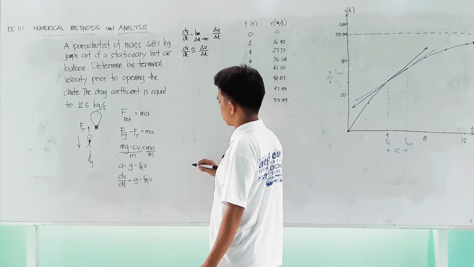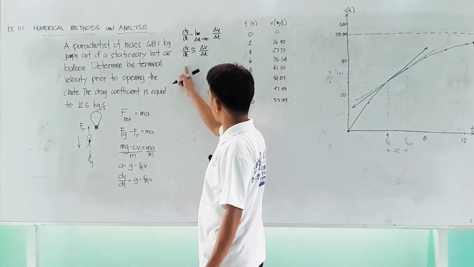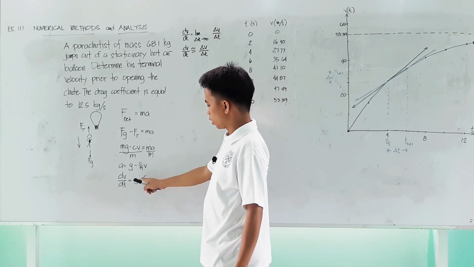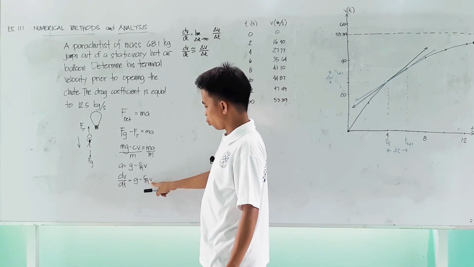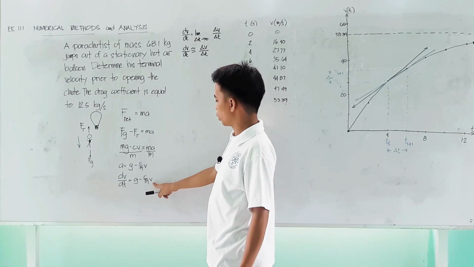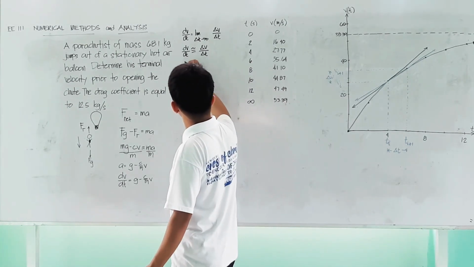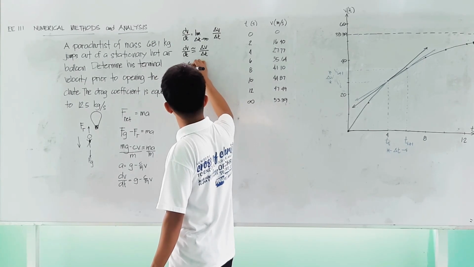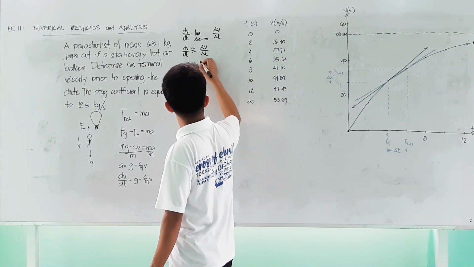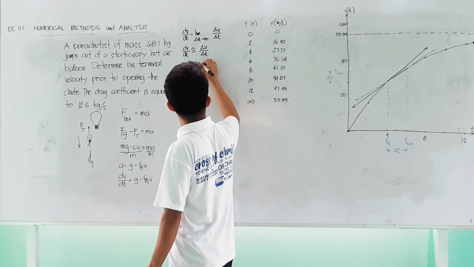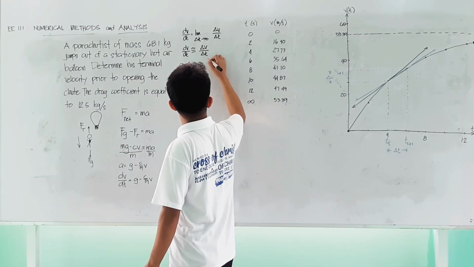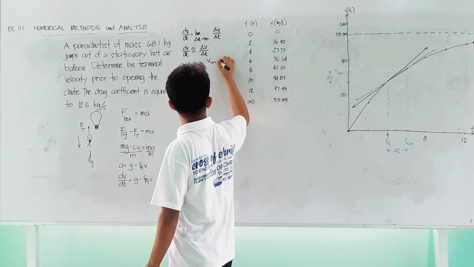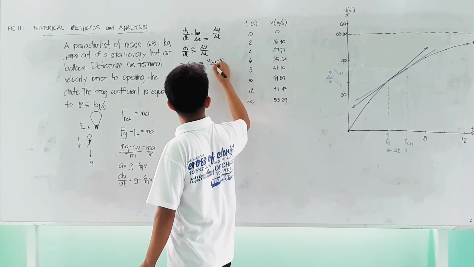And since our dv/dt is equal to this expression with v at that particular moment, that will be approximately equal to v(i+1) minus v(i) over delta t.